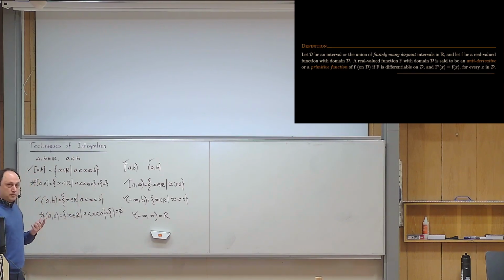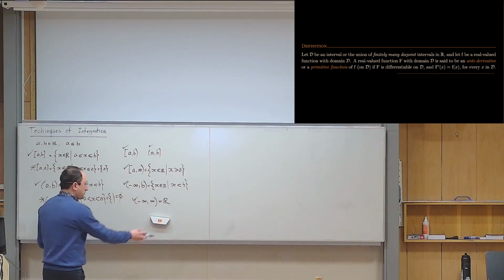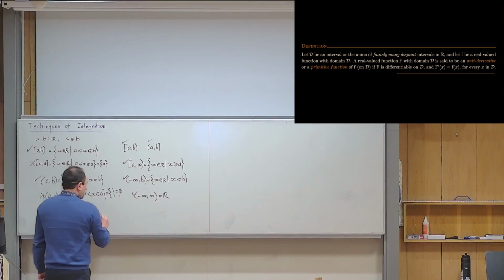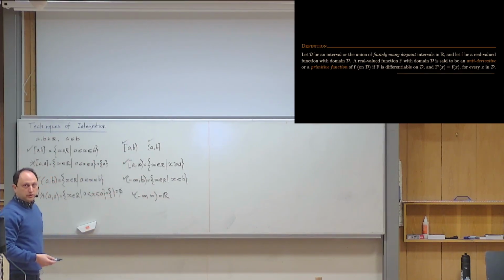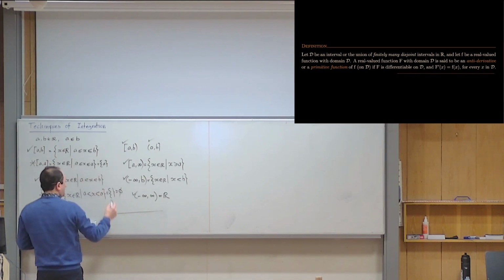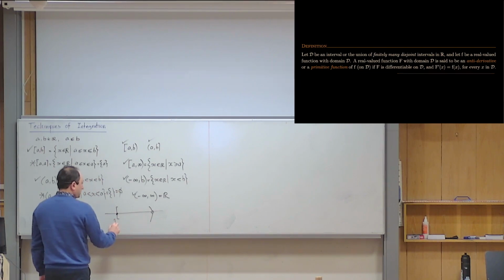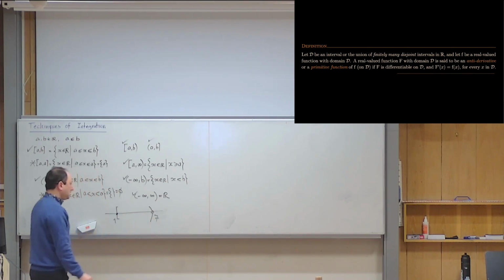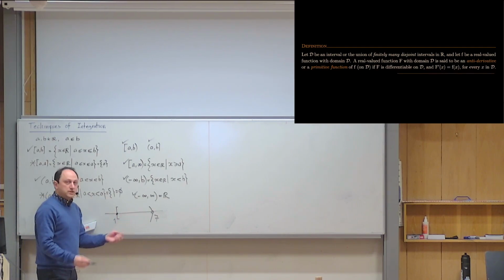What is the main property of an interval? For any kind of interval that I told you is allowed for our discussion, the property is this. Let me consider one interval. For example, it starts from here, includes this point, excludes that point. Let me write it from 1 to 7. The main property of this interval is connectedness. What does connectedness mean?